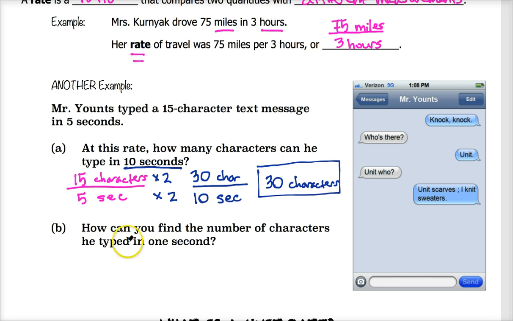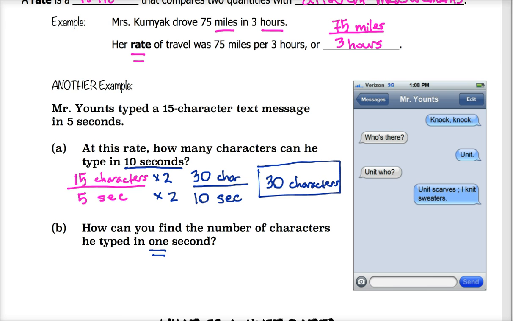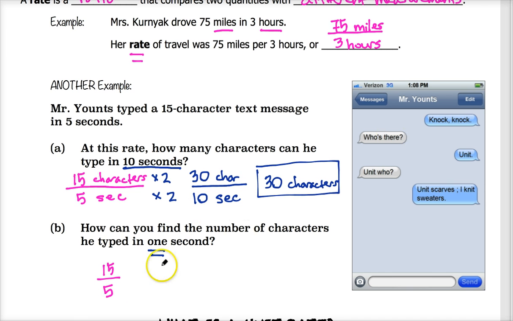The next question asks, how can you find the number of characters he typed in 1 second? So go back to the original rate, 15 characters per every 5 seconds. Just like we can multiply the denominator to get a different unit of time, 5 times 2 equals 10, I can also divide this denominator to get a different unit of time.